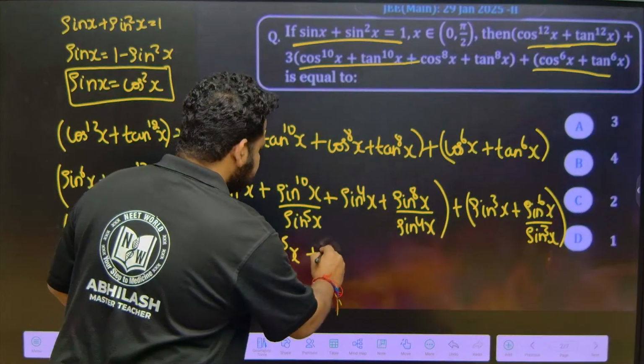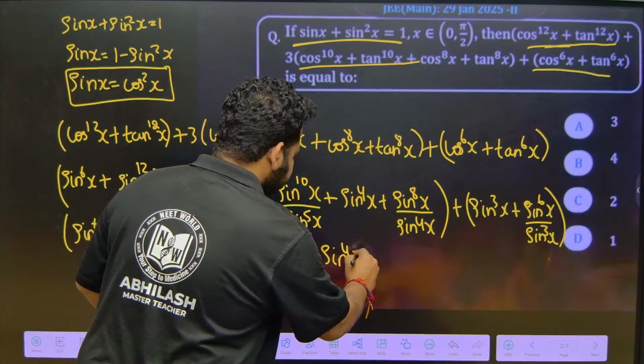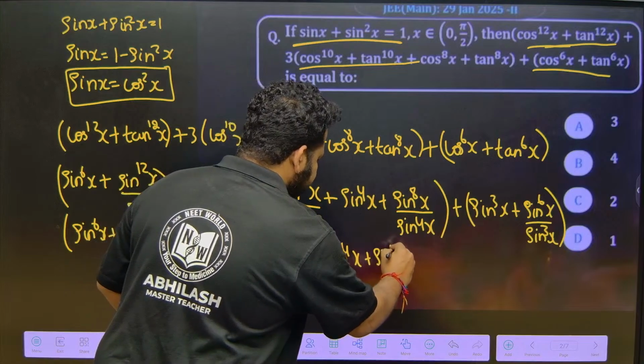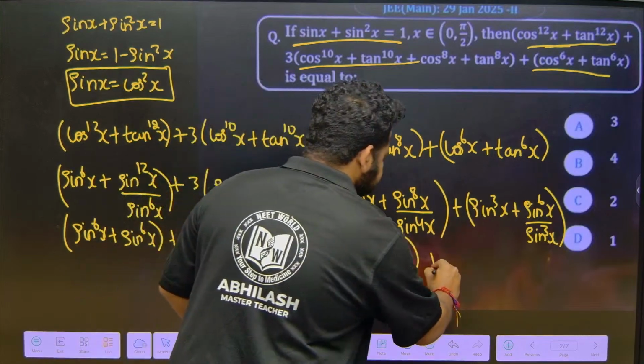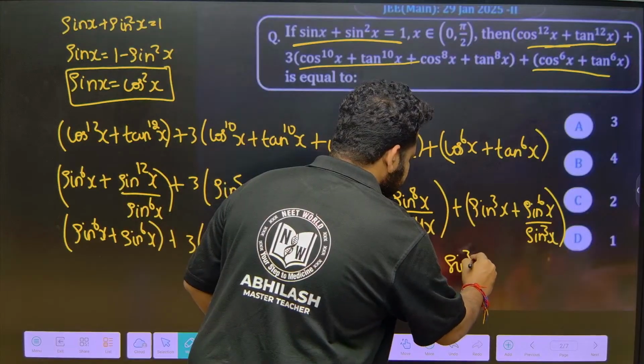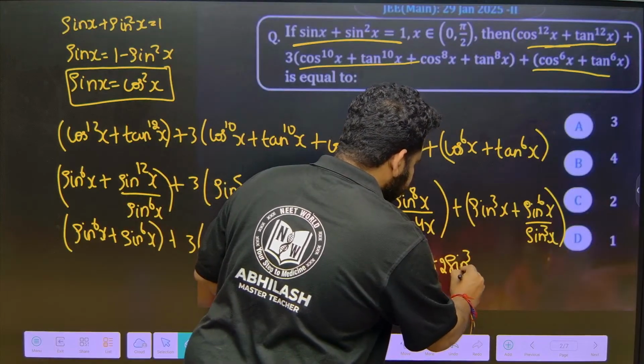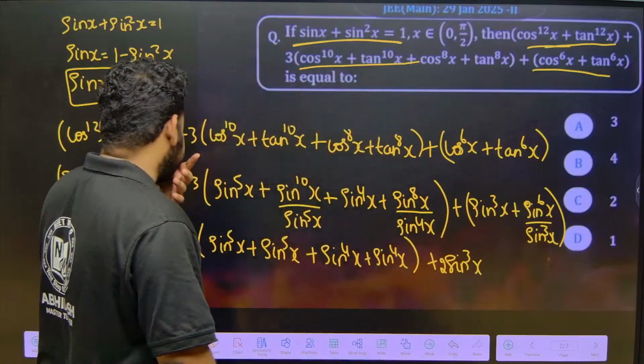This will be sin power 3x plus sin power 3x, I can write it directly as 2 times sin power 3x. Okay, this is what we have.